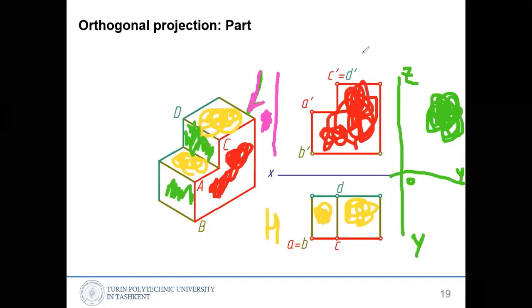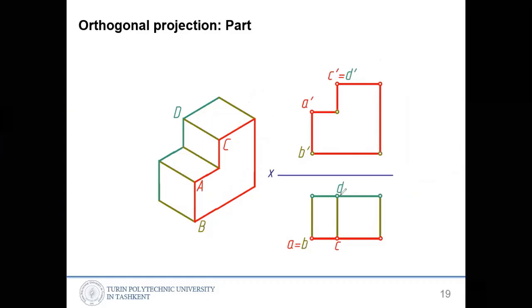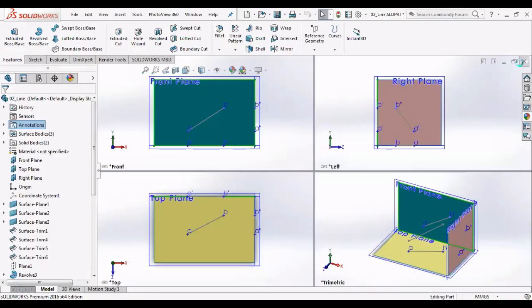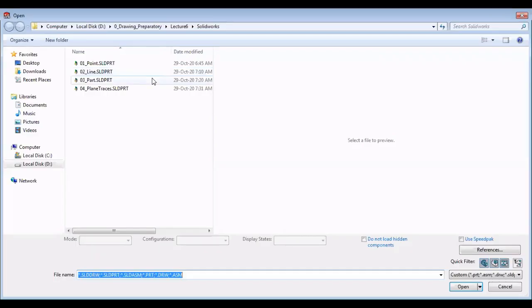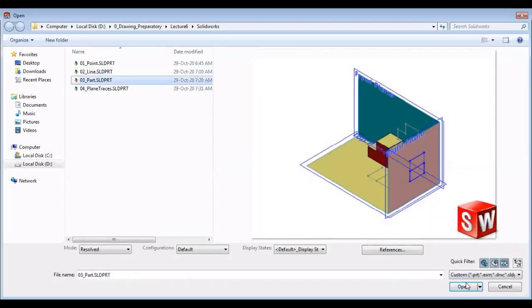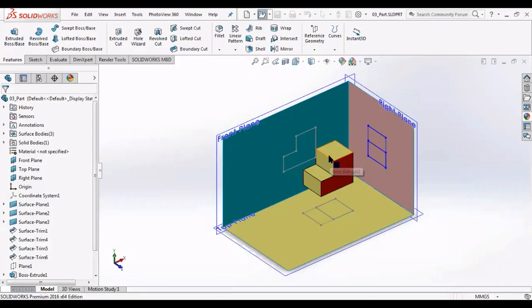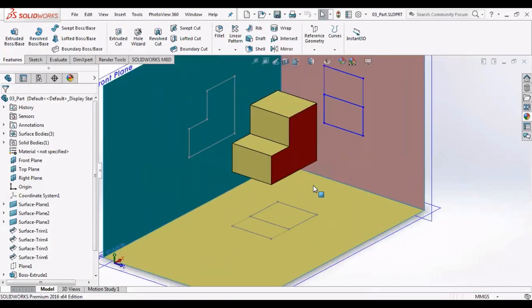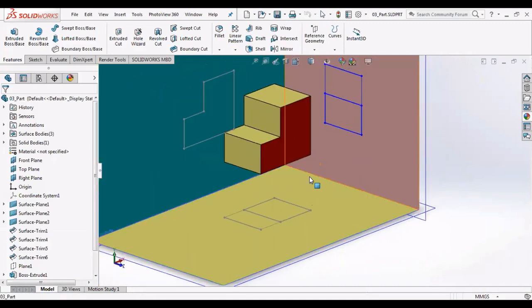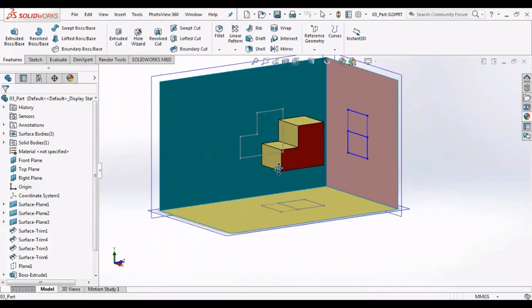Okay, so that's how it looks in 3D, to imagine with your imagination. So I did this one. Okay, so this part is given in the 3D space, kind of stairs, and the red thing.